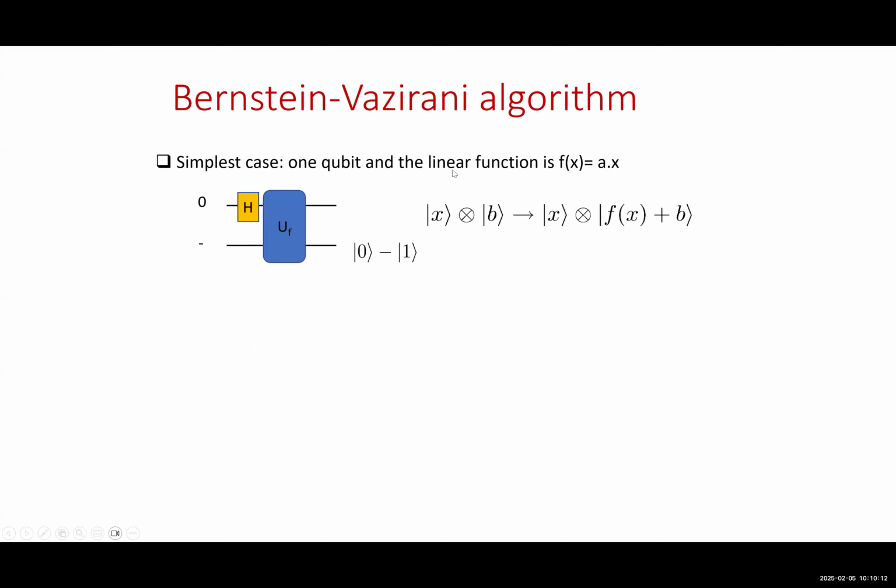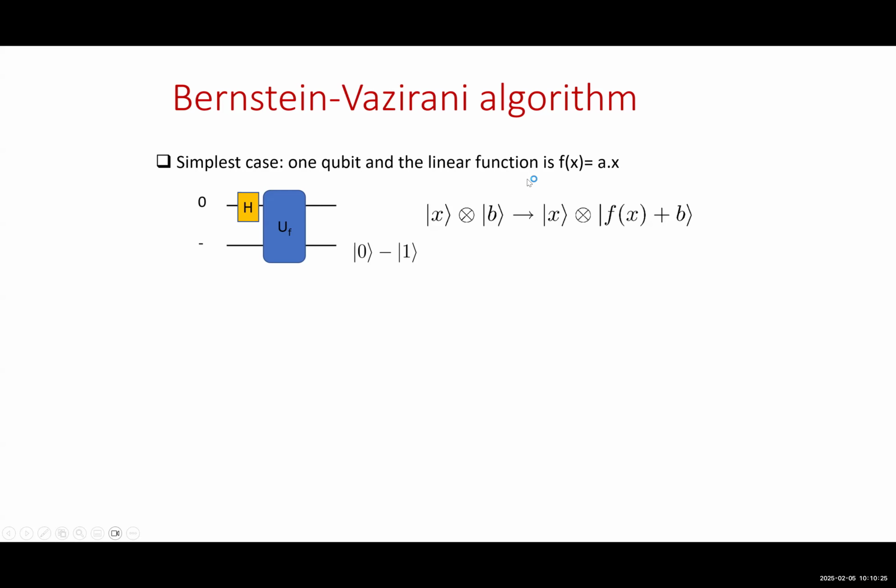Okay, and here is a single bit. But what you want to do is evaluate this f of x in the second register, and you want to guess what the bit string A is. Remember, this is Bernstein-Vazirani.